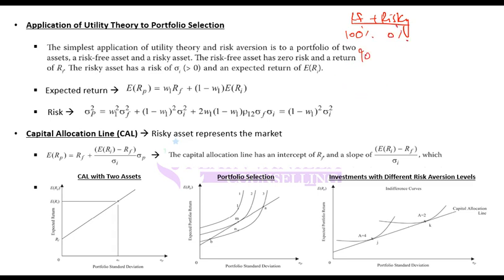Or I can invest 90% here, 10% here. Or I can invest 0% here and 100% here. At each of these combinations, my portfolio return will be different, and standard deviation will be different. As I go down, I am taking more and more risk.